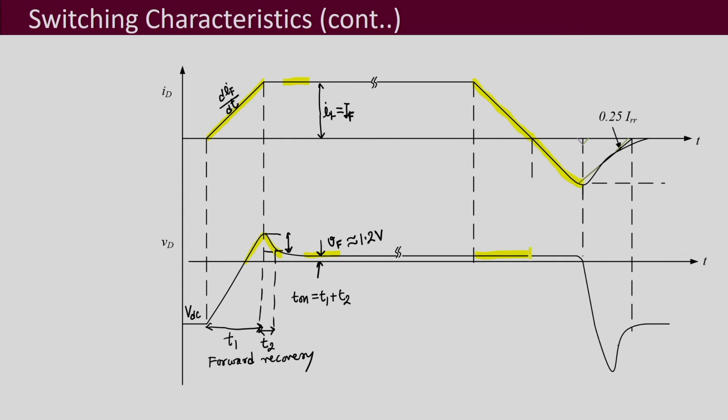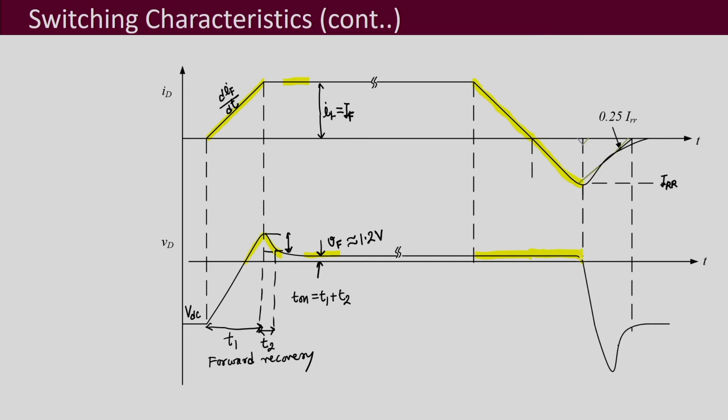Till that time the diode voltage is still small, and the current reaches a point which is called the reverse recovery current, IRR. After that it starts to decrease.